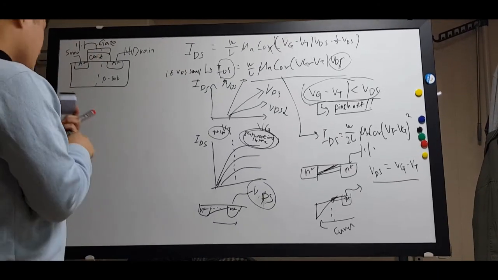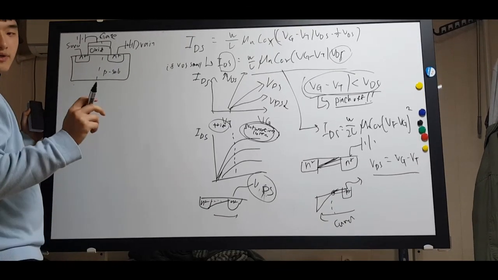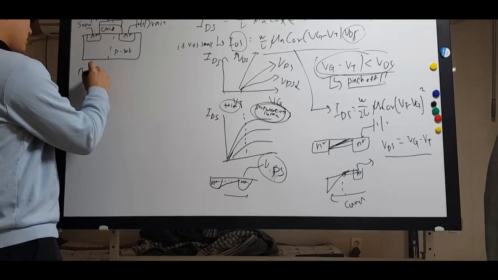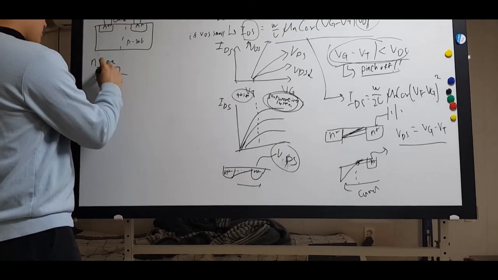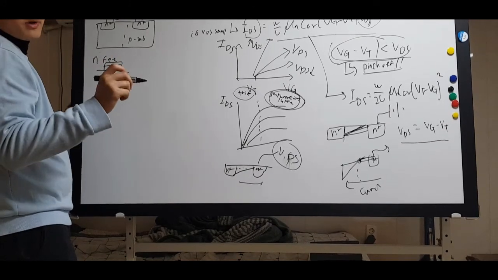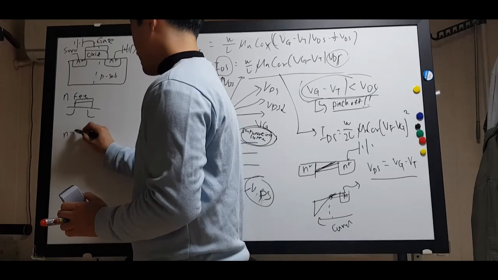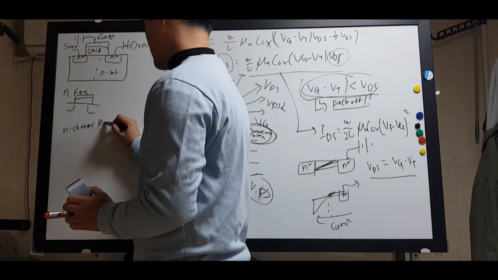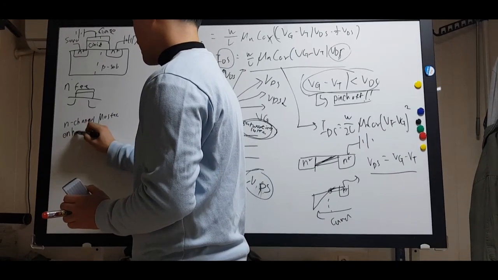And one more point, we will talk about the operation modes of the MOSFET. First, for the N-type FET. The device we talked about previously is the N-channel MOSFET, enhancement mode.